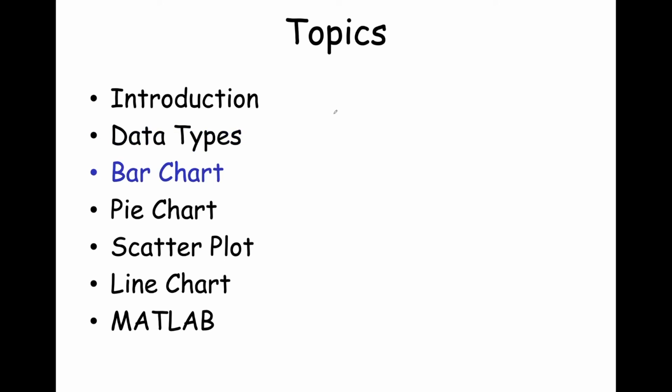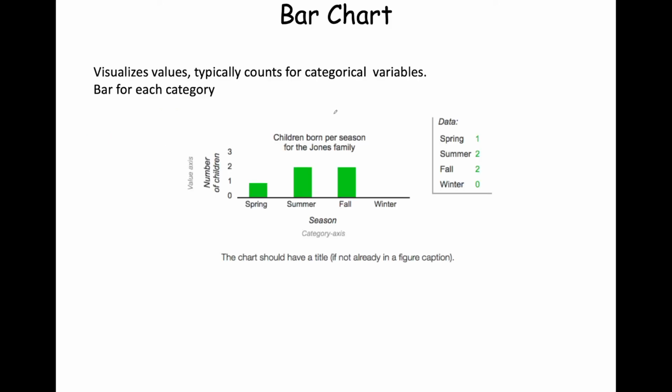So let's take a look at a bar chart. Now, a bar chart you use typically to visualize counts, an accounting, if you will, for categorical variables. You have a bar for each category. So in this particular chart, we have the number of children born in each season for a particular family.